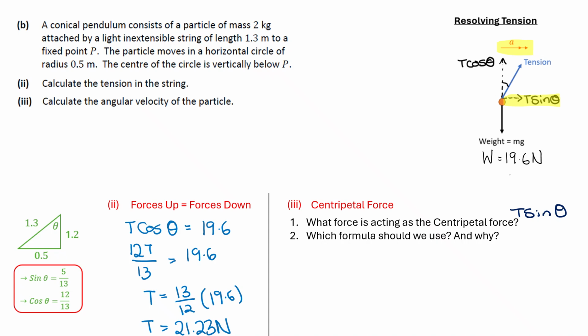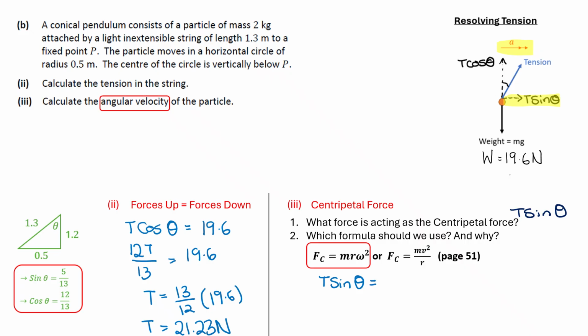We have two formulas when we deal with centripetal force. So our question is, which one are we using and why? Here are our options. Because we want angular velocity, we're focusing on the angular velocity formula. That means our centripetal force, which is T sine theta, is equal to mass, which was 2, the radius, which was 0.5, and then omega squared.